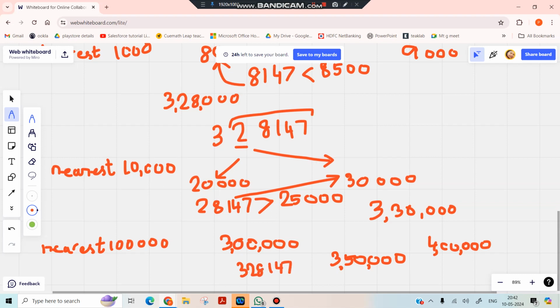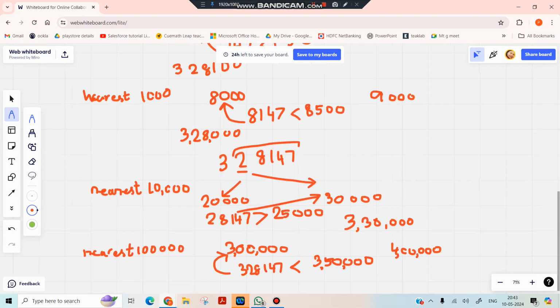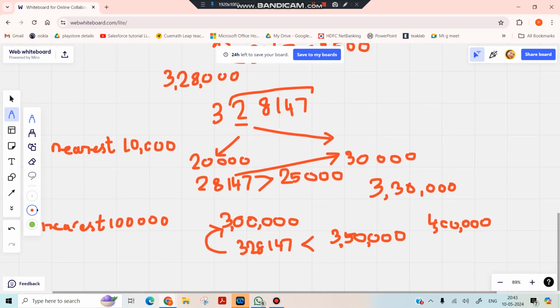Is it greater or less than 3,50,000? It is of course less. So it will go to the lower lakh. Lower lakh is 3 lakh. So when you round it off, it will give you 3 lakhs.